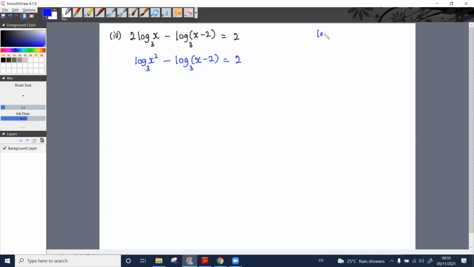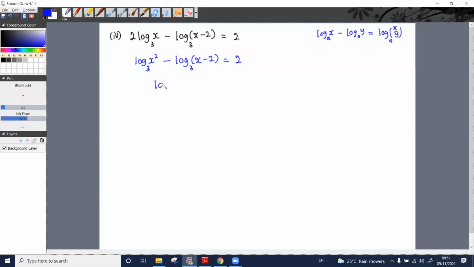Can you remember? Log of x to the base a minus log of y to the base a, we can express as log of x over y to the base a. We'll apply the same principle here.